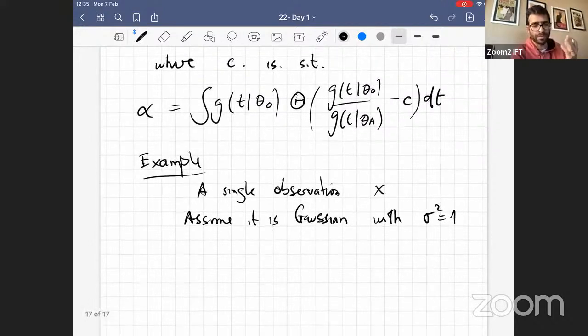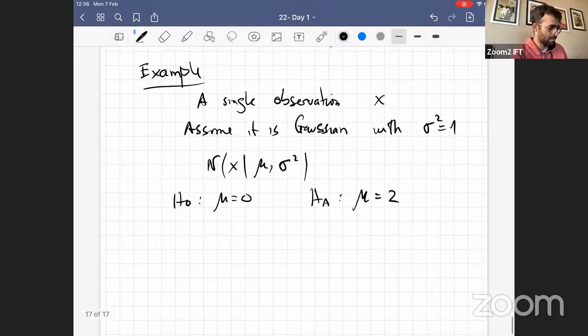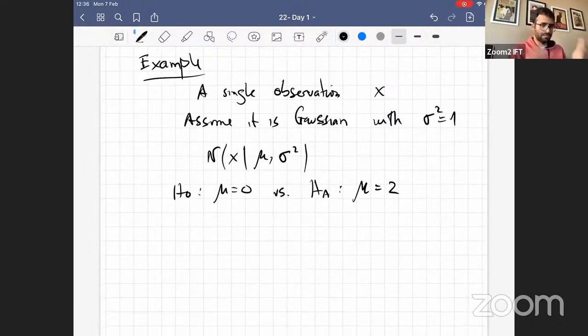And then I want to make a hypothesis about the mean of this Gaussian. So I have that X is given by a Gaussian, but I have fixed my value of sigma. So then I want to compare the null hypothesis being mu equals 0 with respect to the alternative hypothesis, which is mu equal 2, for example. So I want to discriminate between these two possibilities.